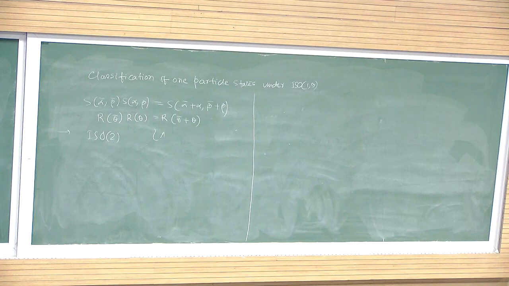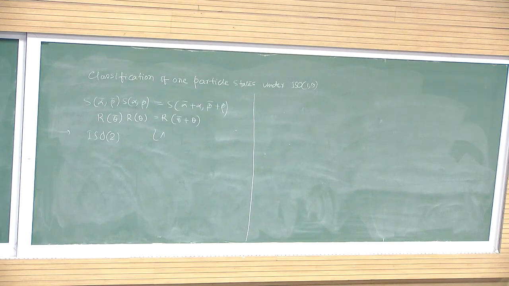If I use this, can I derive that W mu nu acting on rotation of K should give me rotation of K? That should happen actually. So W mu nu on R K mu should be something like R K mu, right? That should happen actually, yeah. But you have to check it. I mean, the group is same. This same W mu nu may not work, but the group is same. ISO2 is same.